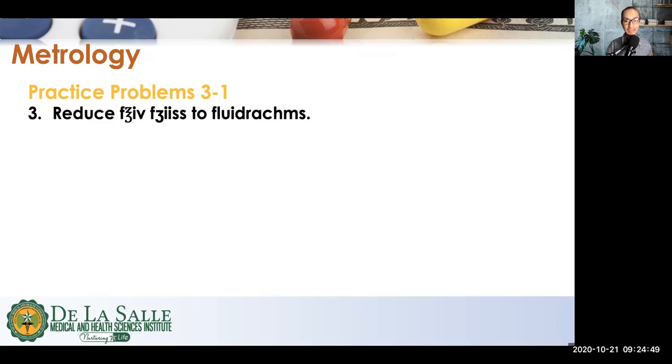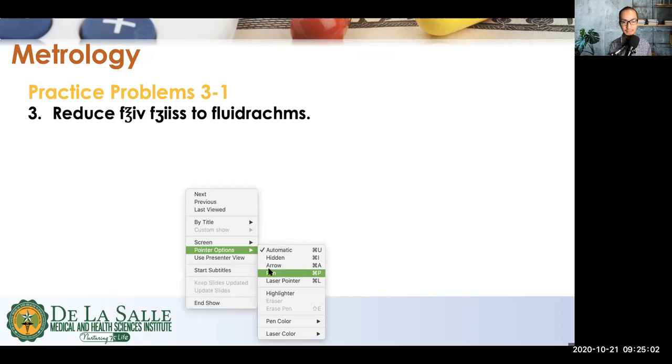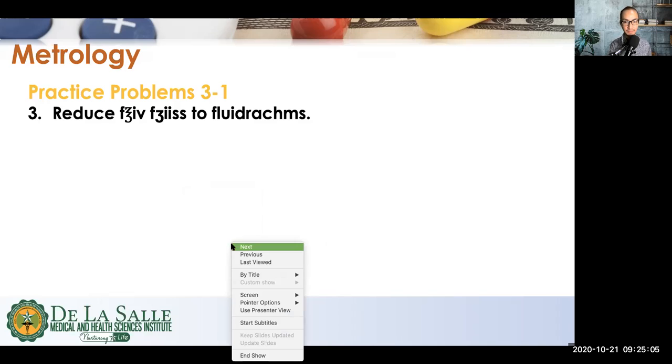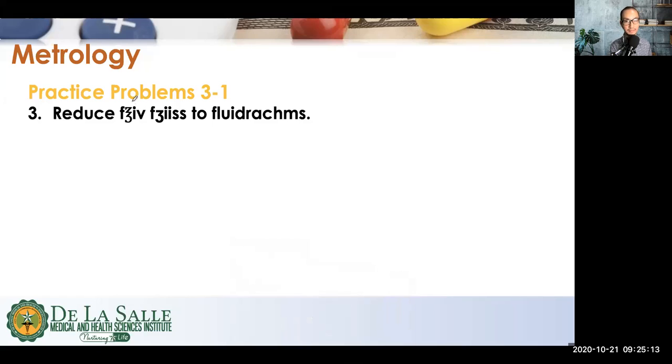So they actually refer to just one volume, and you are asked to convert this measurement to a singular denomination, to fluid grams. So you need to reduce that volume to fluid grams. How do we do this?